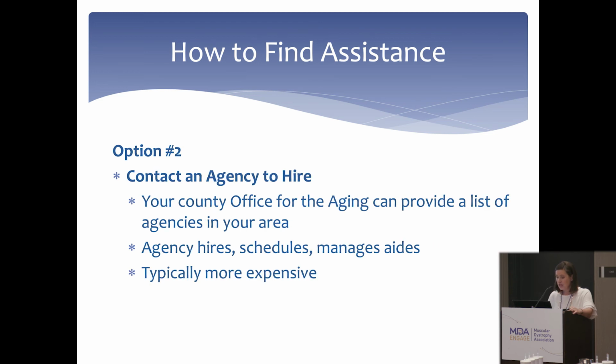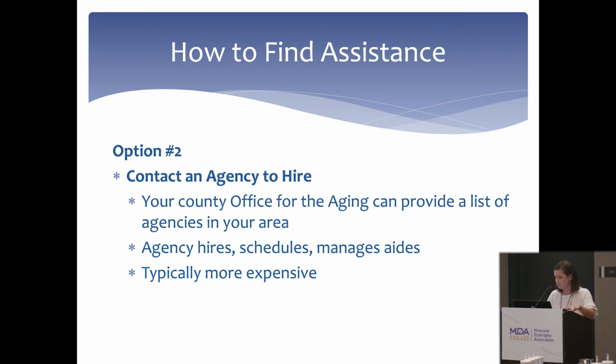If you're not expecting Medicaid to pay for the services and you're going to be paying out of your own pocket, then you don't need to let your doctor know. You certainly can, and I would encourage you to continue to have an open conversation with your doctor about what services you're using, but you can actually contact the agencies on your own if you're paying out of pocket.